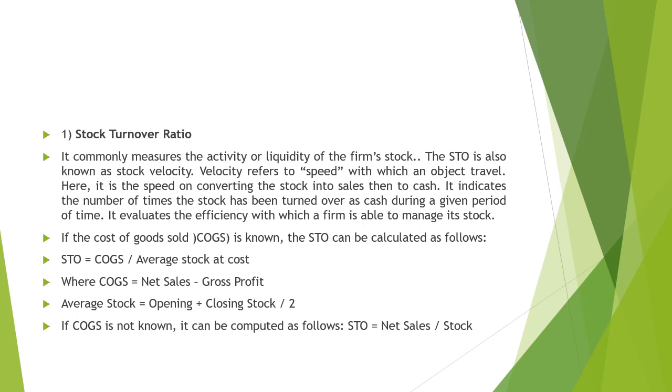So it indicates the number of times the stock has been turned over as cash during a given period of time. You have to see how many times the stocks are being converted into cash. If it's more, it's good, that means your sales will go up. If it's less, then it's a tension situation, that means your stocks are not converted into sales and cash soon, or we can say it takes some time.